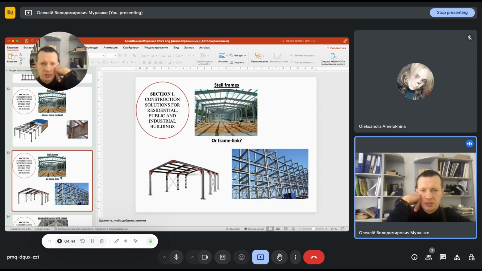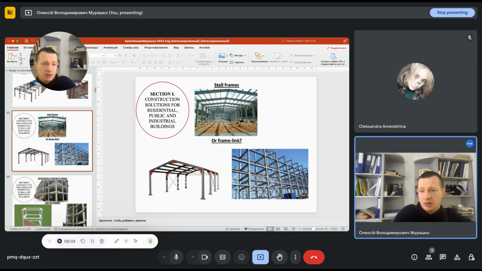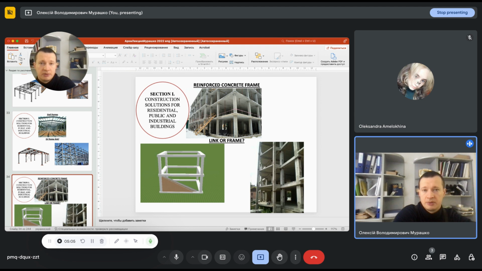We can also use a link method by adding such elements, or we can use frame link, when in one direction we use a link method to create a geometrically stable system, and in the other direction we are making rigid connections between elements. When we are considering, for example, a reinforced concrete frame, in this case we also can use rigid connections between elements, and we can use links.